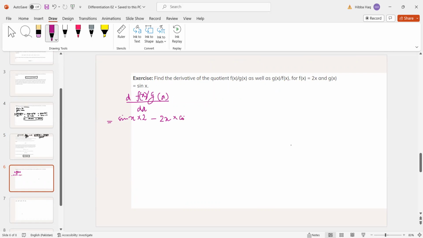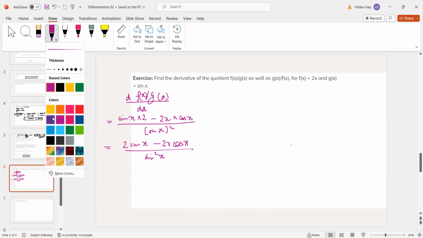So the differential is cos of x, divided by the lower function squared. So sine x is squared. You can simplify it, write it as 2 sine x minus 2x cos of x divided by sine square x. This is going to be the differential for f of x over g of x.